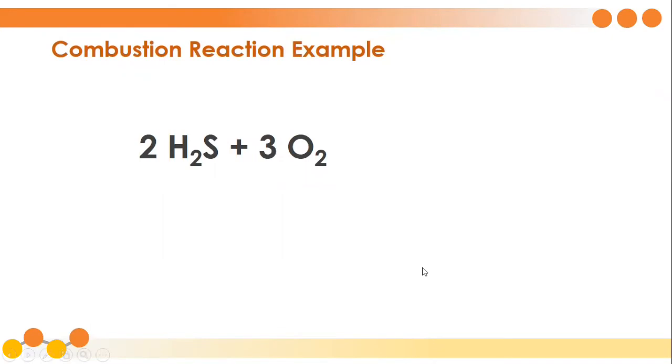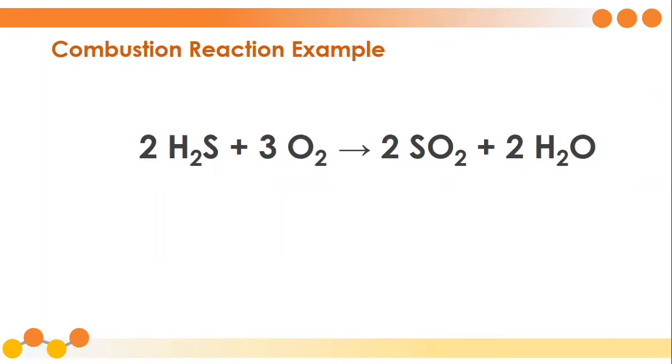So we have here 2 hydrogen sulfide plus oxygen will produce sulfur dioxide and water. I mentioned a while ago that usually a product of a combustion reaction is carbon dioxide and water, but sometimes carbon dioxide is replaced by another toxic gas. So in this one, our toxic gas is sulfur dioxide.